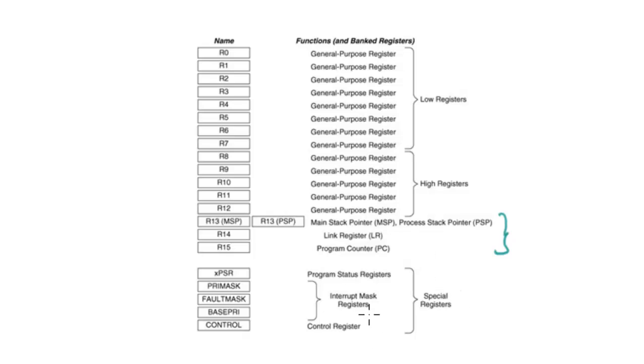Apart from that, there are special function registers which tell you at a point in time what is the status of the processor itself, what mode it is in, or what it is executing. We don't have to worry about this in the first part of the series, because we'll be interfacing all of the peripherals and writing code in C. We'll not touch assembly in the first half of this series.